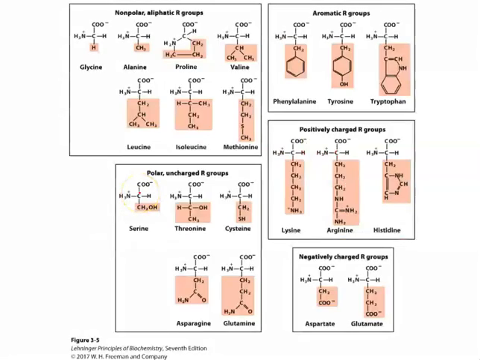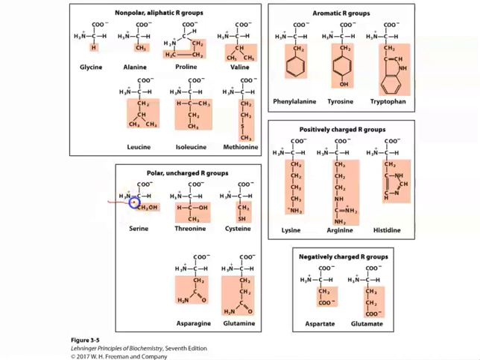Here are the 20 most common proteinogenic amino acids. These are the ones that are built into proteins. Please do review the R group structure here. It is the R group that conveys the chemical property and identity of the amino acid, because everything else that's not highlighted in orange is identical across all of the amino acids.